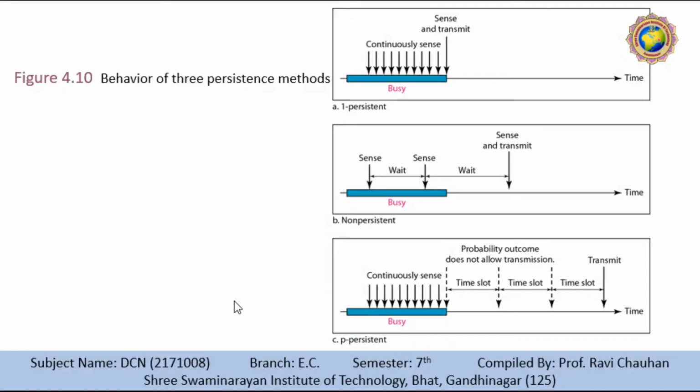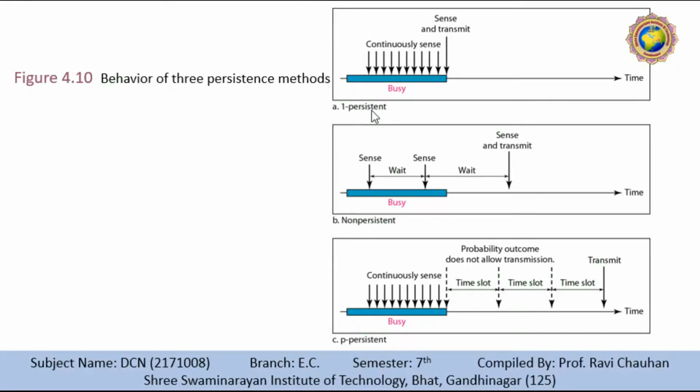Three methods have been devised to answer this question: the 1-persistent method, the non-persistent method, and the p-persistent method. Our figure shows the behavior of these three persistence methods when a station finds the channel busy.